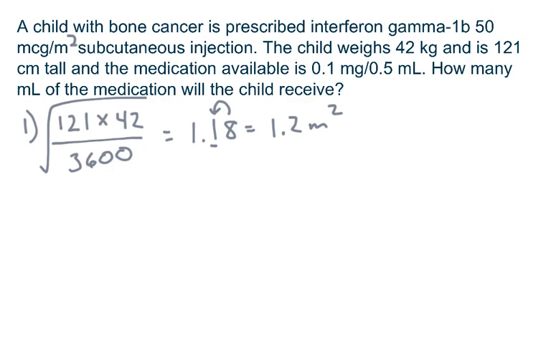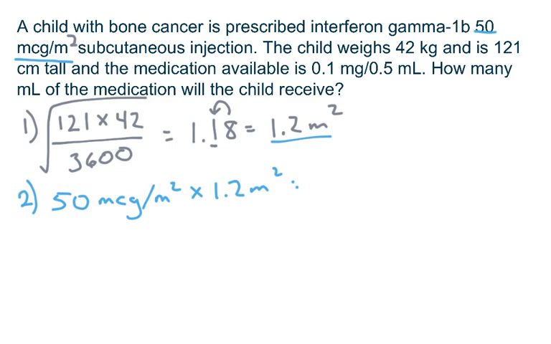Step 2, you multiply the dose of 50 micrograms per meter squared times his meters squared. The meters squared cancel. So 50 times 1.2 equals 60 micrograms.